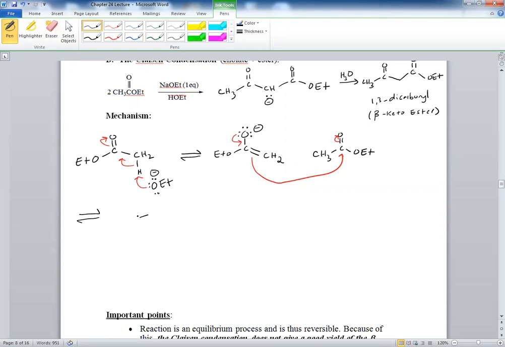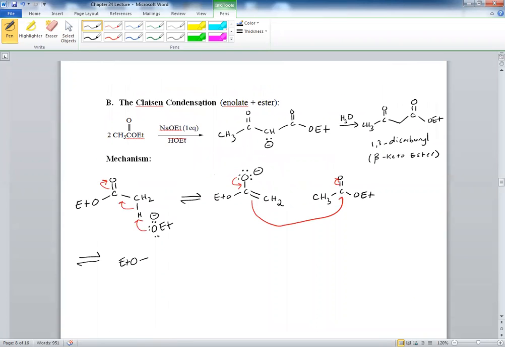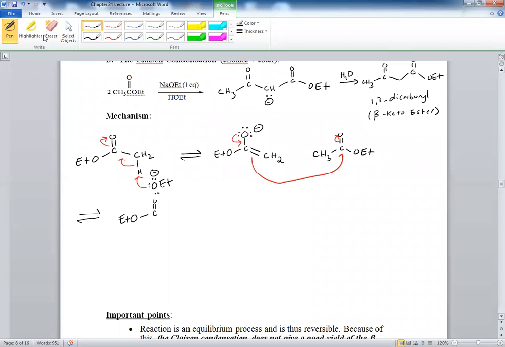So let's begin with here. We have OEt. Make the O bigger here. I need more space here, that's why.